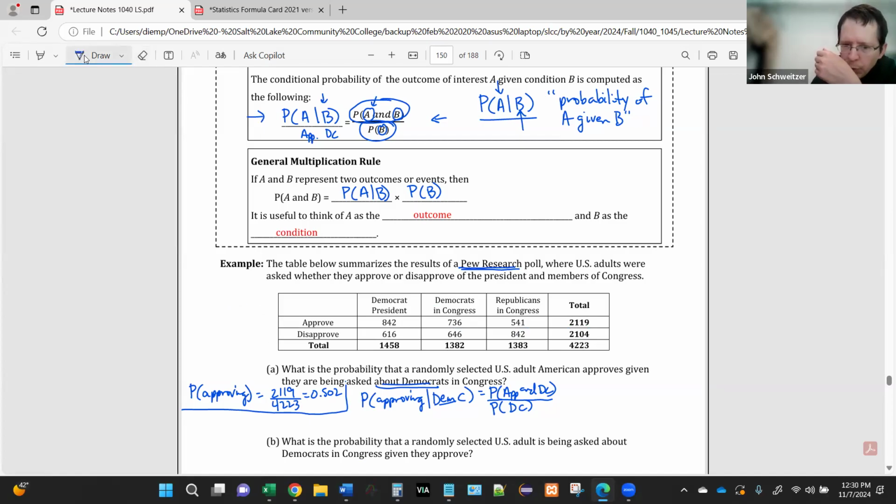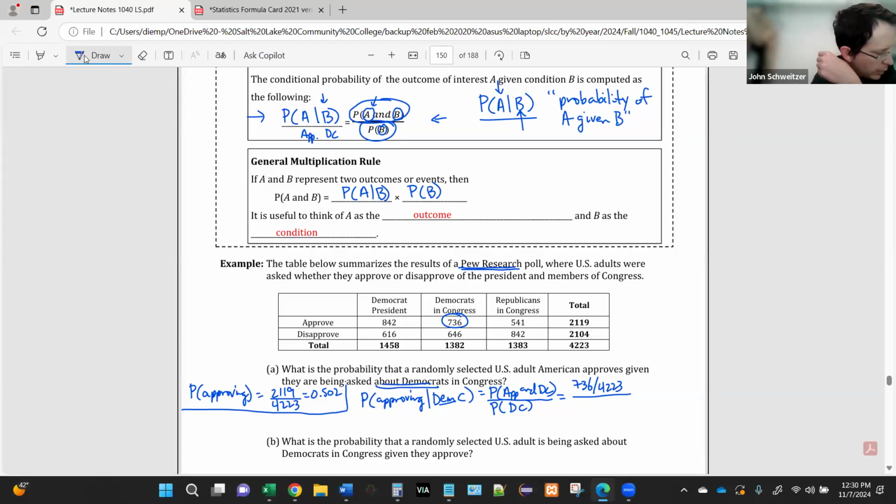How many people were both approving and being asked about Democrats in Congress? Well, that's these folks right here. There's 736 of those out of the 4,223. That's our numerator. Then in the denominator, we're saying what's the probability that somebody was being asked about Democrats in Congress?